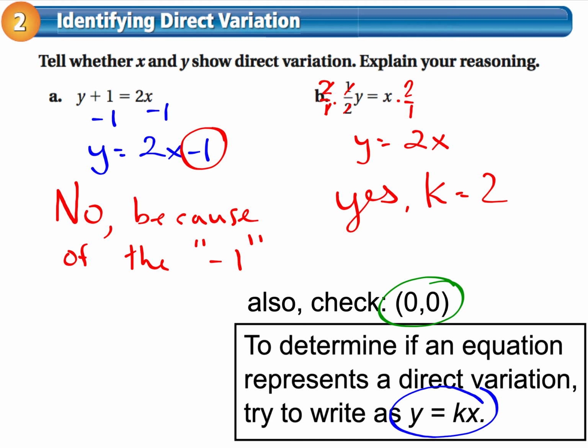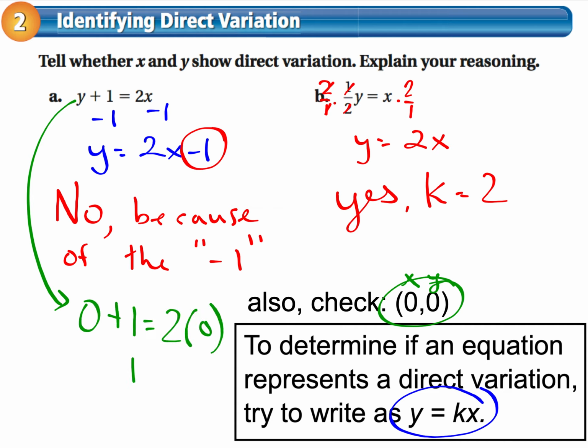So we're going to plug in x, 0, and y, 0, and see if these work. So bringing this down, I've got 0 plus 1 equals 2 times 0. 0 plus 1 is 1, 2 times 0 is 0. This is false. So it does not go through 0, 0. That's enough to tell that it is not a direct variation. This other one, if I try plugging in 0, 0, I get 1/2 times 0 equals 0. 0 equals 0.